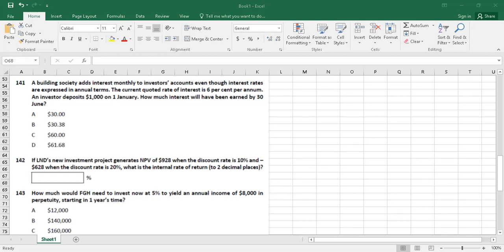The present interest rate given is 6% per annum. But since they are calculating it monthly, 12 times, we have to divide 6% by 12. Then to the exponential power, we will have to increase it.